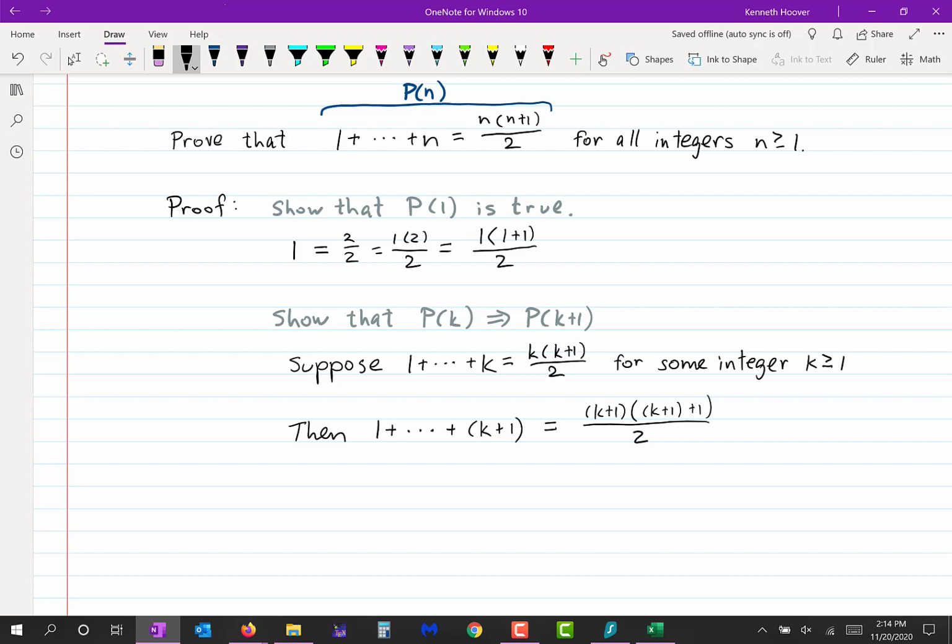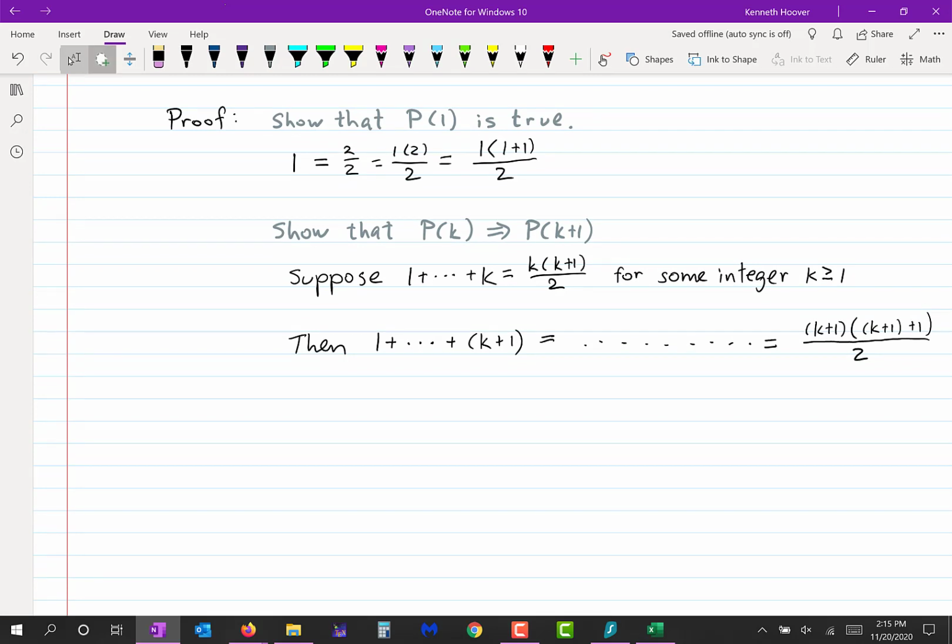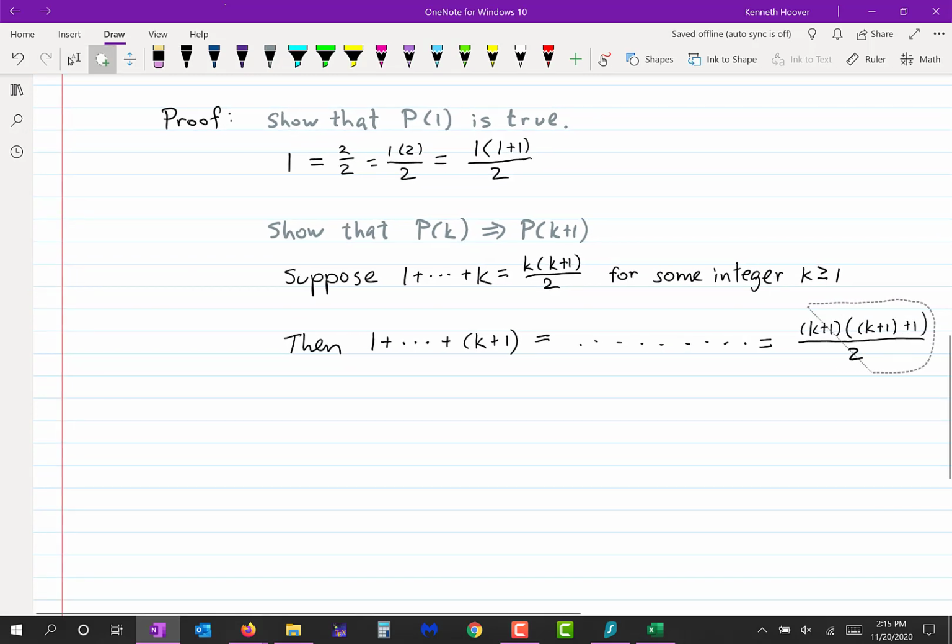I need to show that, though. It's not obvious. That's going to take some work. So what I have to do is fill in all the math in between. And it's probably going to take several steps. So to be honest with you, it will probably end up looking more like this.